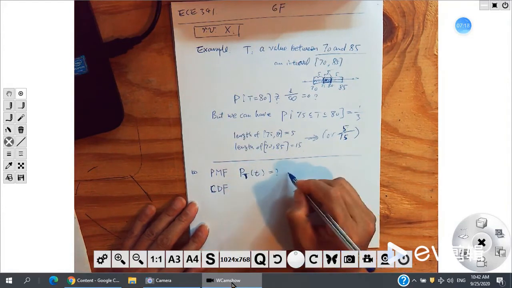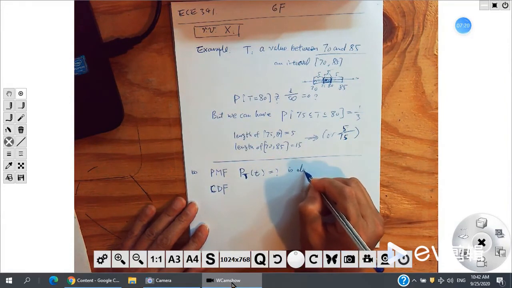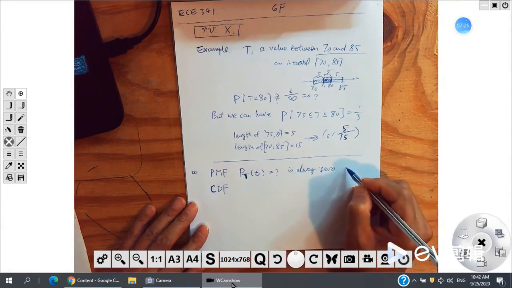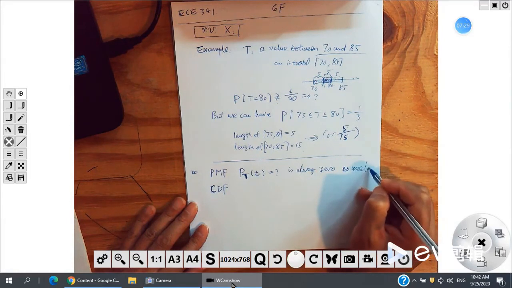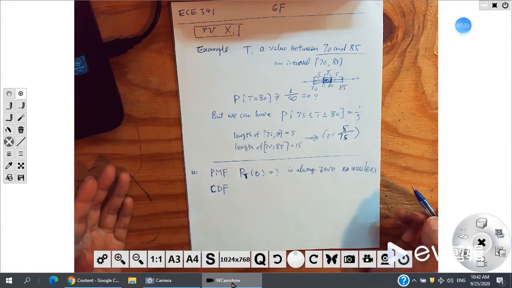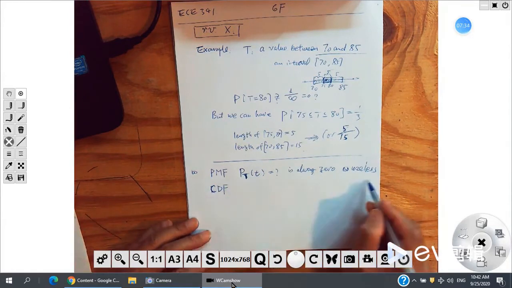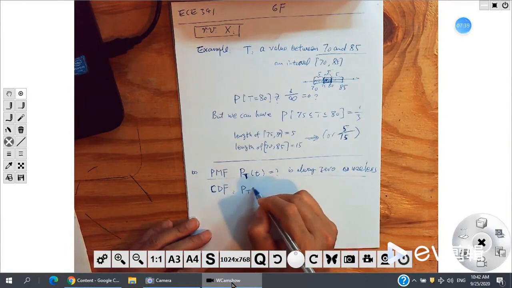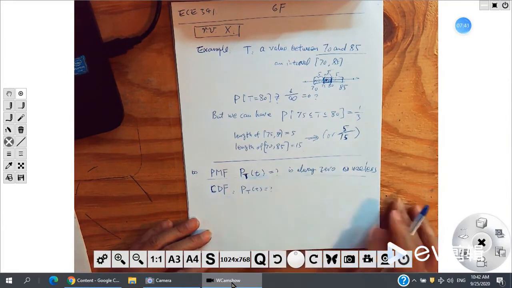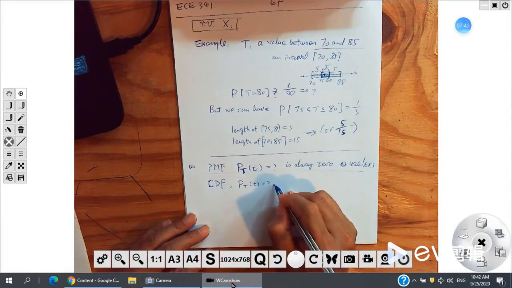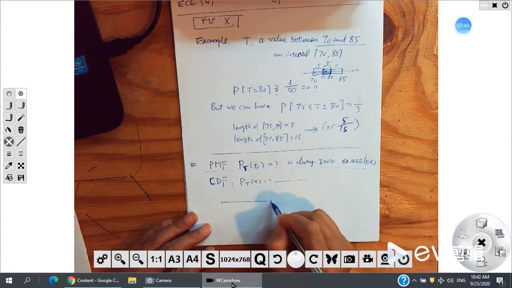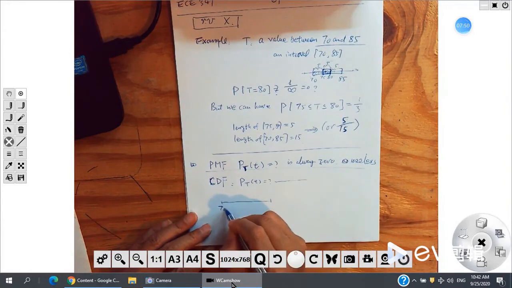I would say it is always 0. So it's meaningless, useless. You cannot get necessary information from it. But we still have the CDF. Now we use the length, and the total is 70 to 85.